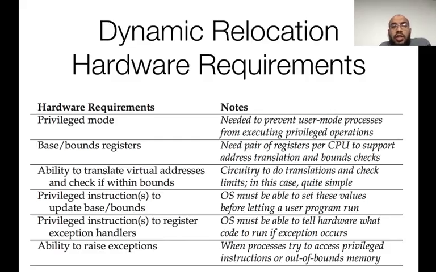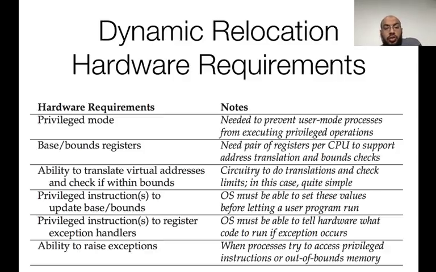So this is what you need to implement dynamic relocation. These are the hardware requirements. You need privileged mode, just to prevent user mode processes from executing privileged operations, because you don't want them to try to change the base and bound registers, for example. You need the base and bound registers, and you need a pair of registers per CPU to support address translation and bound checks.